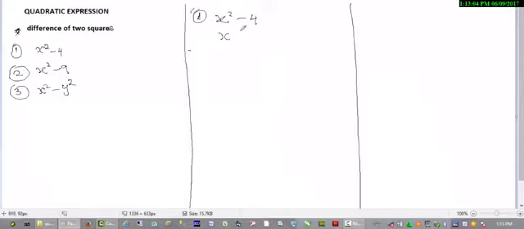This is x squared minus 2 times 2, meaning 2 raised to power 2. Because it's a difference of two squares, to factorize, we open two brackets and close them. The first one, x, because we have x squared. The first one will be minus 2. The second one will be plus 2. So this is the difference of two squares.